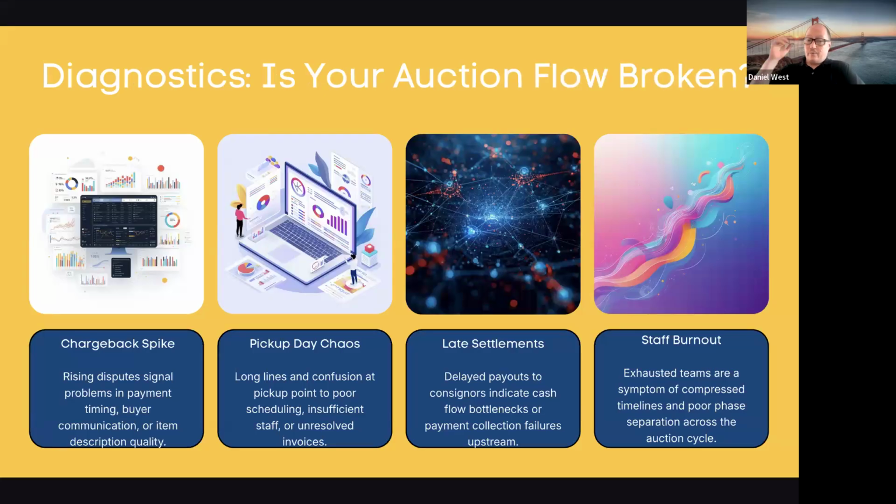And how would you know if there's problems with your auction flow? Here are some of the warning signs. If you see a lot of chargebacks, then either you're dealing with fraud or you're dealing with unhappy buyers, buyers who had a disagreeable experience almost always because they weren't communicated with properly.